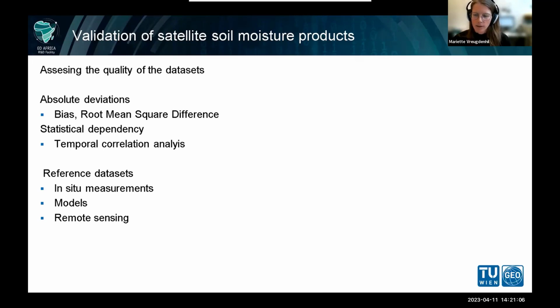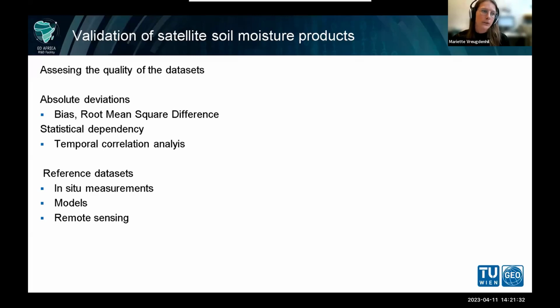So your in situ measurement is representative for a very small area, whereas your satellite gives you a much bigger footprint. If, for example, your in situ station is installed in a forest, but within your satellite footprint you have much more agricultural area, then you can already have a difference between your in situ measurement and your satellite measurement.